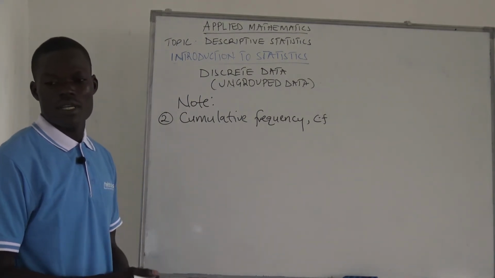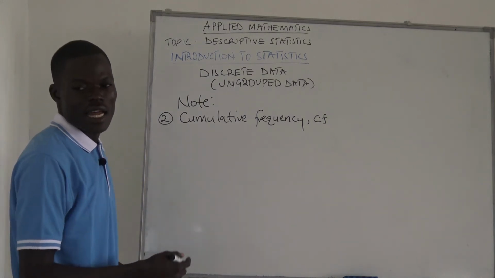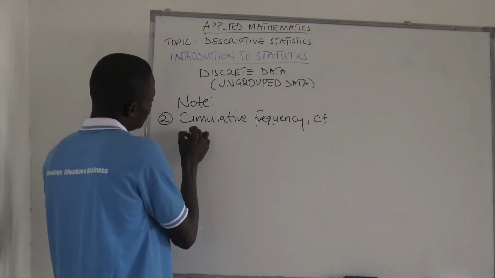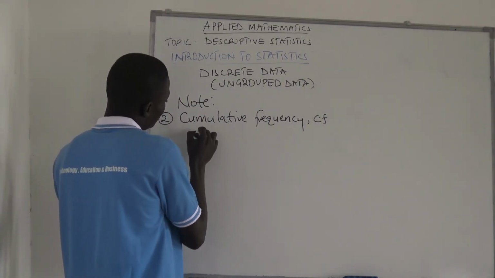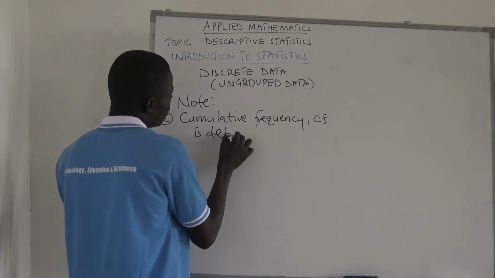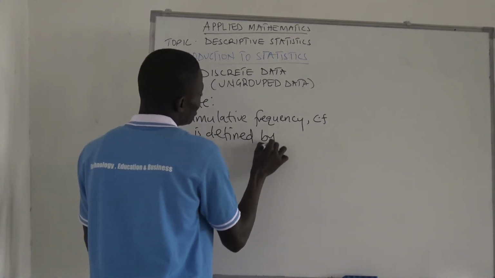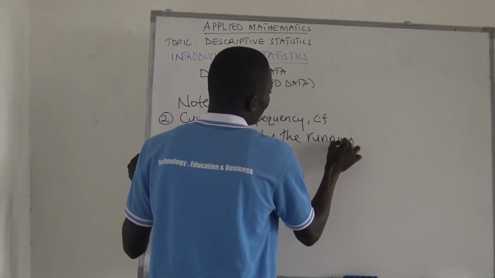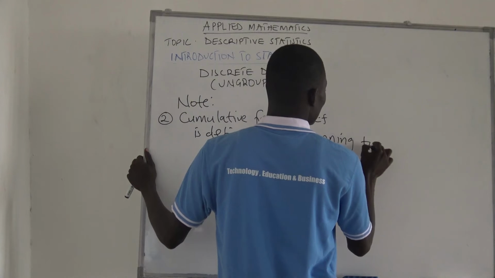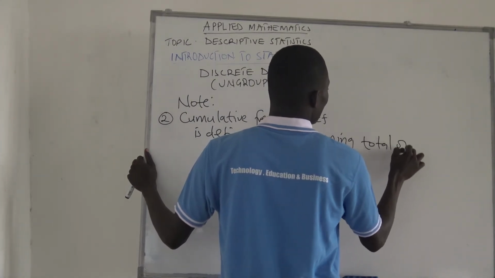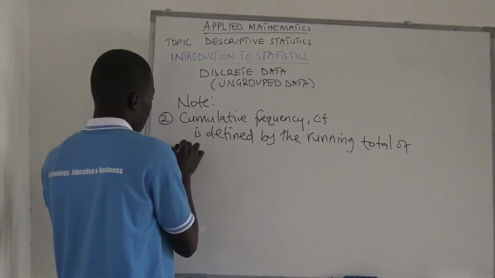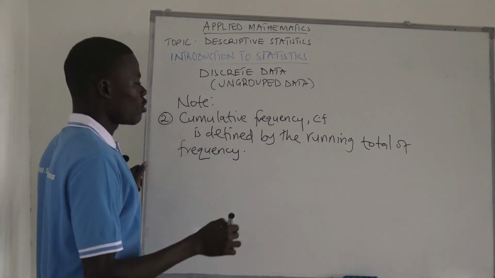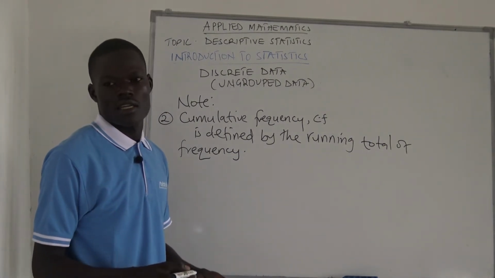So cumulative frequency is defined by the running total of frequency, or the summing of the frequency. The running total of frequency.